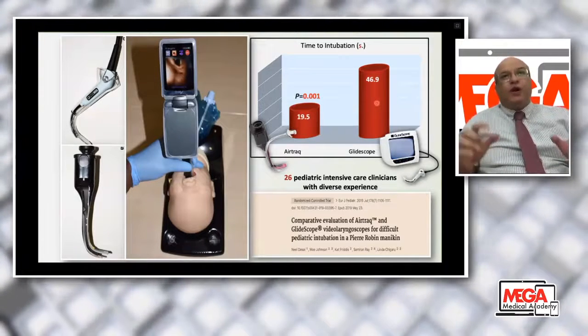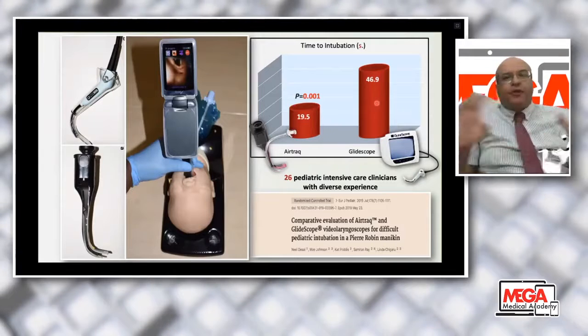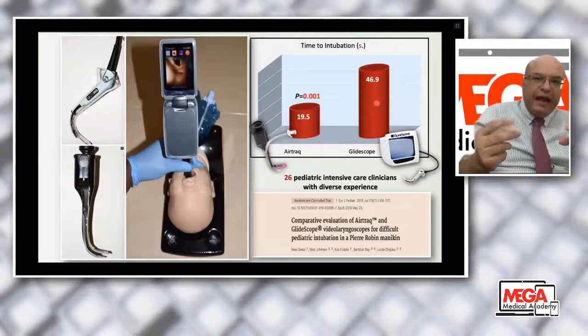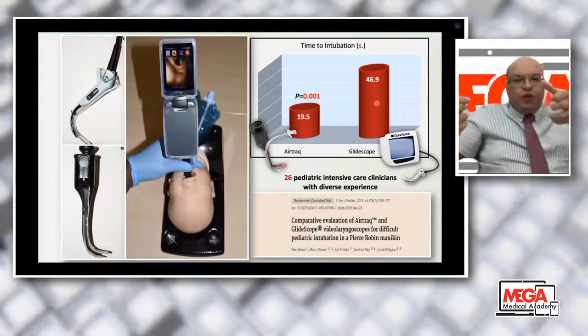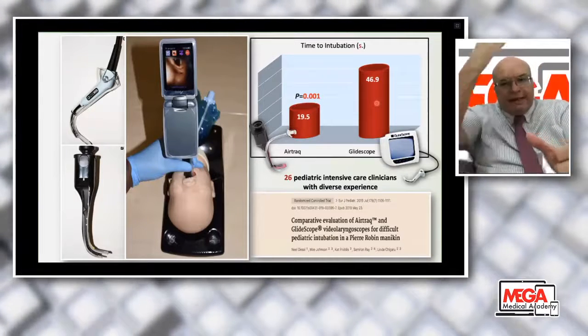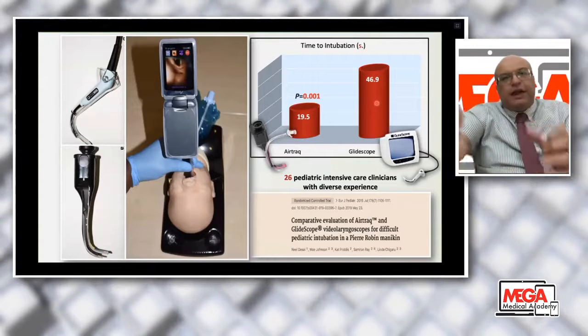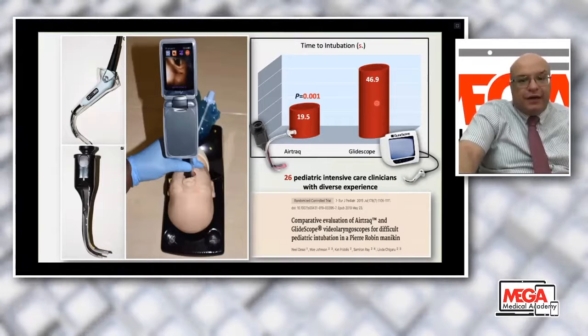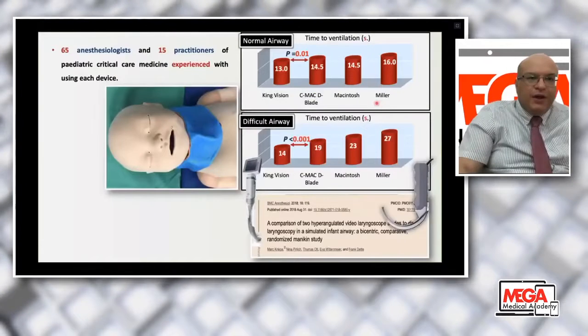That is thanks not to the AirTraq per se, but to any channel video laryngoscope. The presence of the channel facilitates introducing the scope to the tip, and then the tube goes through the channel directly to the glottis. So this is thanks to the channel of this guided laryngoscope.